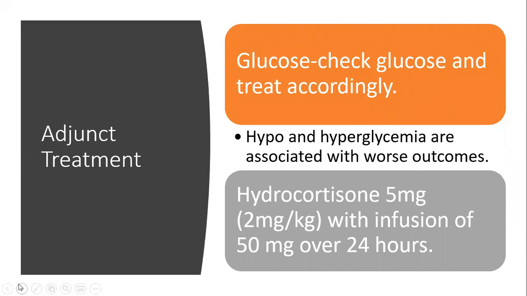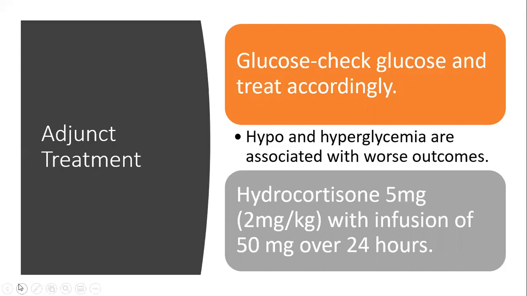Adjunct treatment that we need to be thinking about. We need to be checking these kids' glucoses, and we need to make sure that they're staying steady. If you need to start D10 on these kiddos to keep your sugar up, they are using a lot of energy just fighting infection. Remember that hypoglycemia is associated with worsening outcomes.